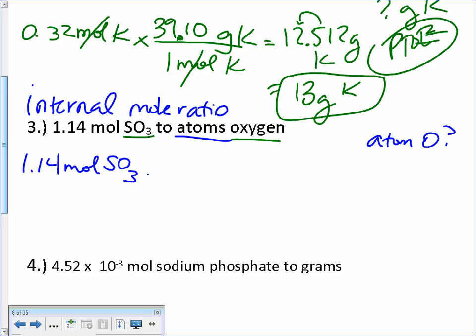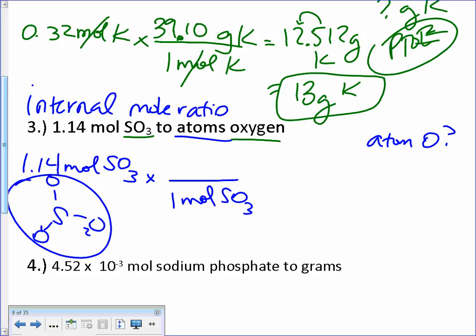So 1 mole of sulfur trioxide is going to go on bottom. And I want you to dissect sulfur trioxide. When you think about what it looks like visually, I'm just going to draw a quick sketch. It's not exactly what it looks like, but that's kind of the Lewis dot structure with all the dots. How many moles of oxygen are in 1 mole of sulfur trioxide? 3. It's a ratio. For one of these guys, there are 1, 2, 3 oxygens.